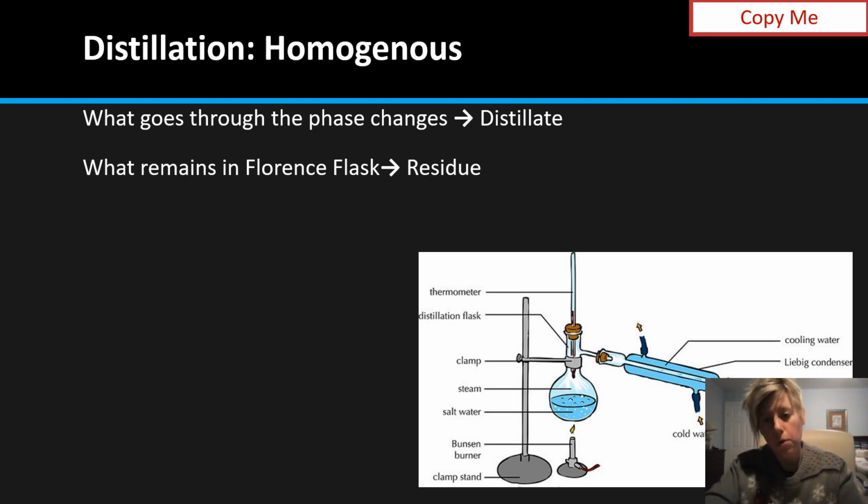The component that undergoes distillation is called the distillate. The component that goes through the filter paper is called the filtrate. The component that you decant, so that you pour out, is called the decant. Again, this is terminology that we've used in class, and this is terminology that you need to know for the lab exam.